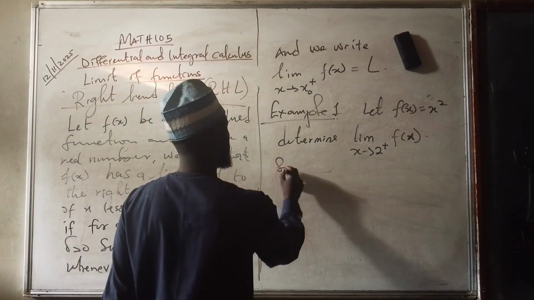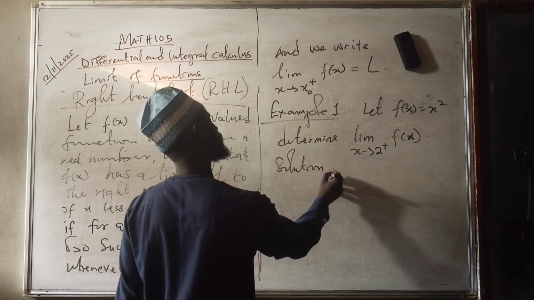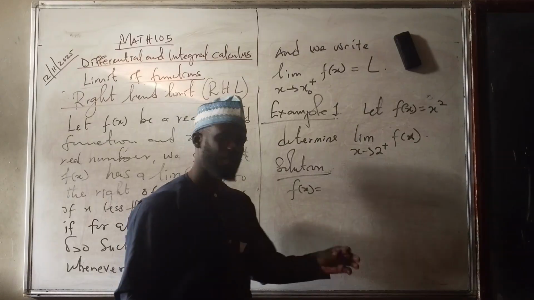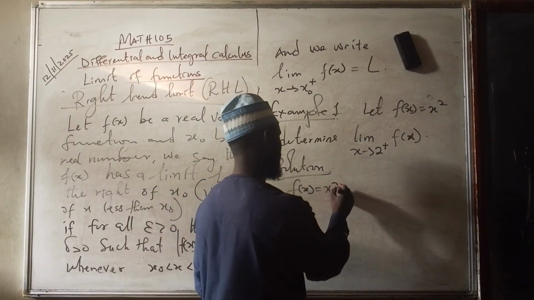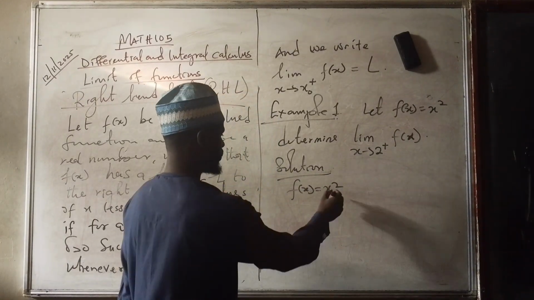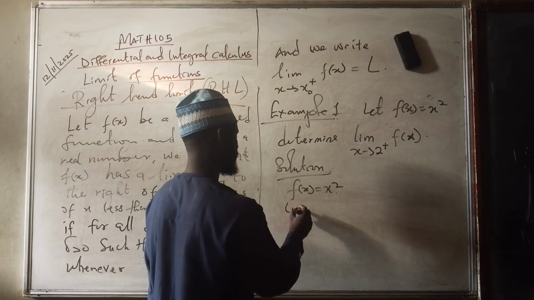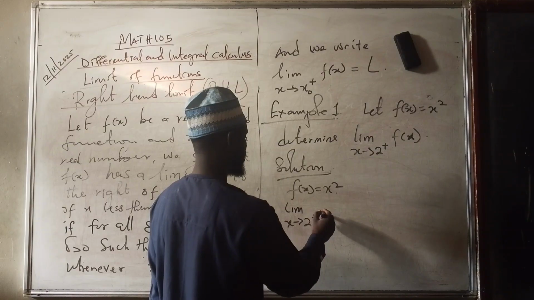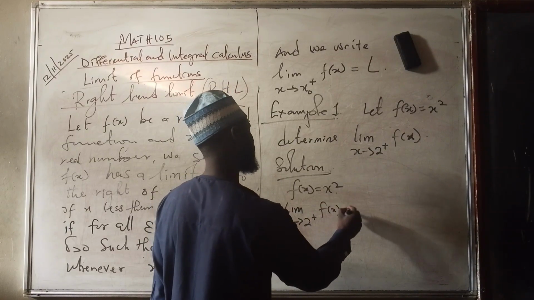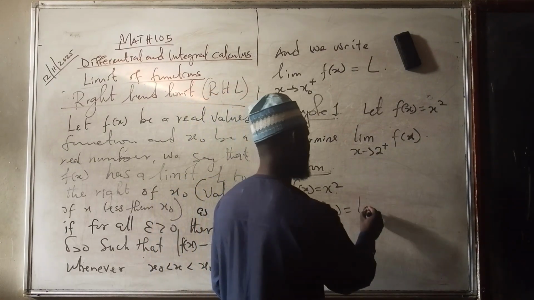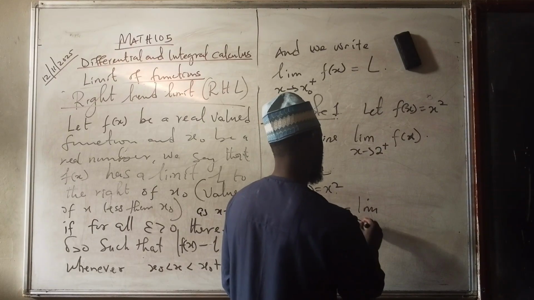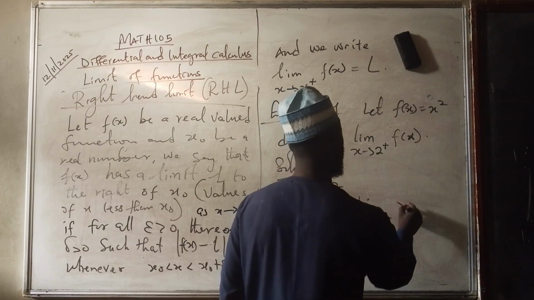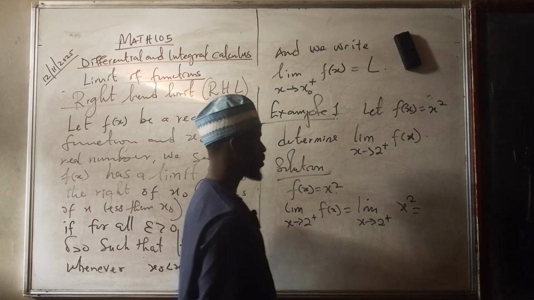So, solution. What is our f of x? Recall that f of x is x squared. And so the limit as x tends to 2 from the right of f of x is equal to the limit of x squared.